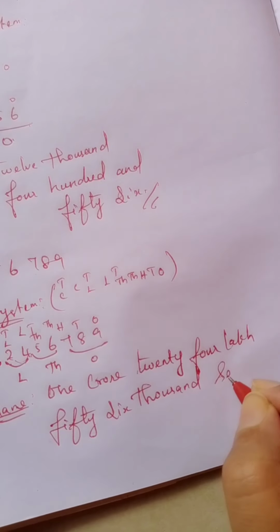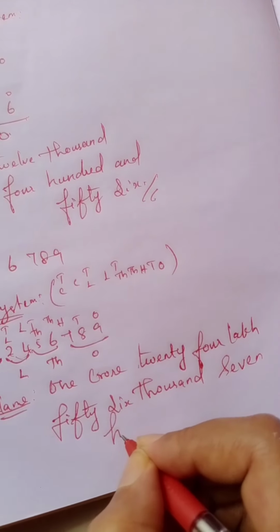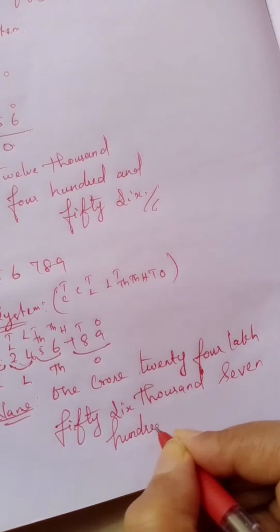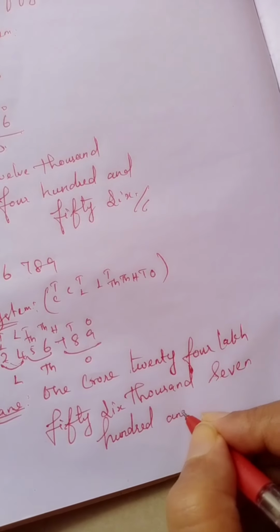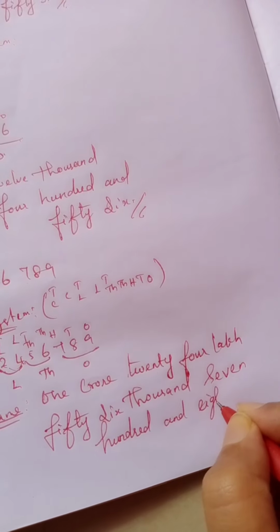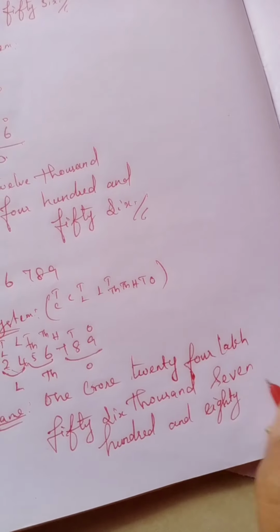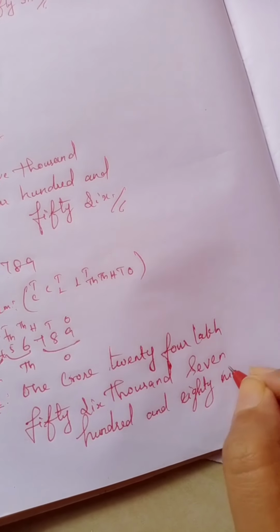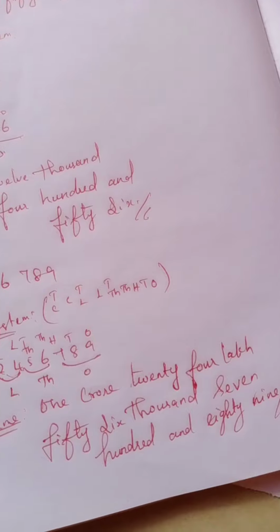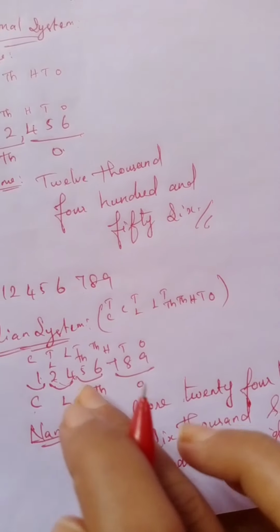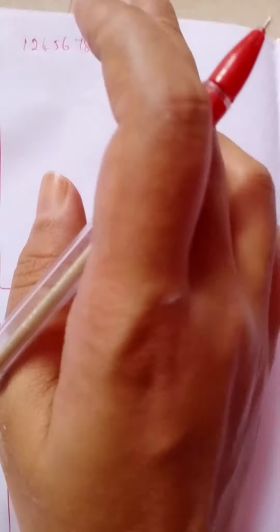So students, while writing the number name, you have to write the family members together. Okay, 1 crore, 24 lakh, 56,789. That's it.